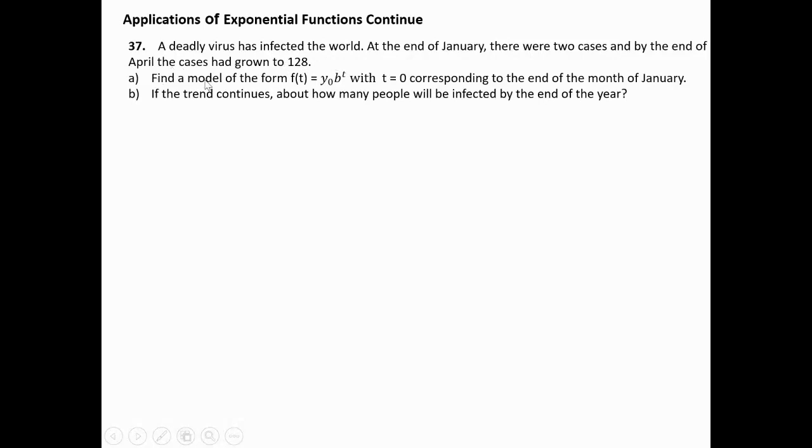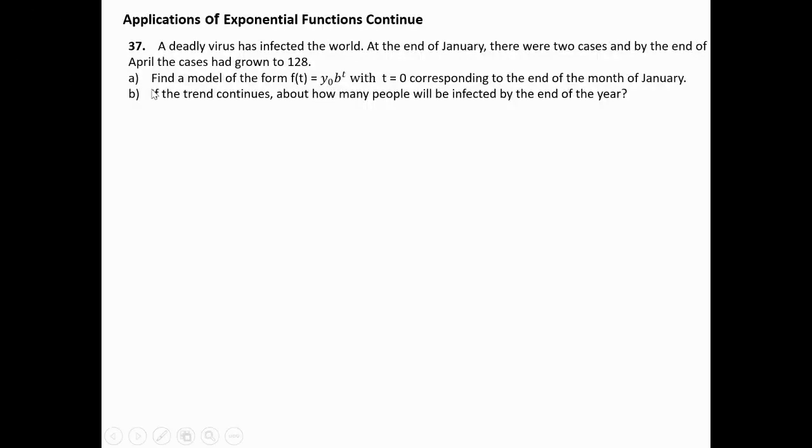So I told my students that we were going to come up with a formula to see how many people will be infected in a certain amount of time if there was no intervention. Intervention means that all the doctors got together and began coming up with vaccines and masks. But if there was no intervention, this is how many cases will be infected by the end of the year.